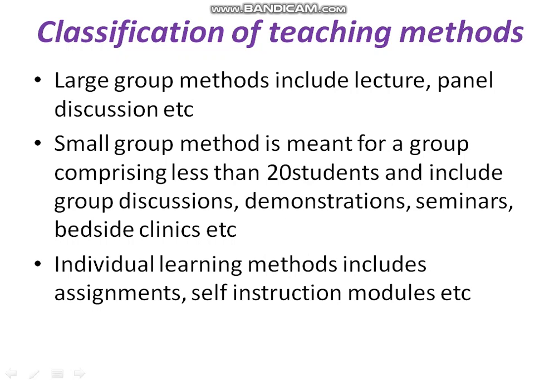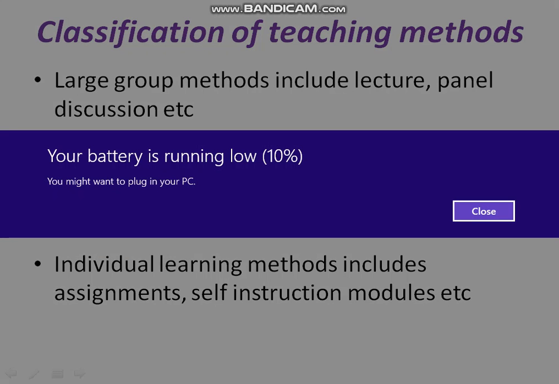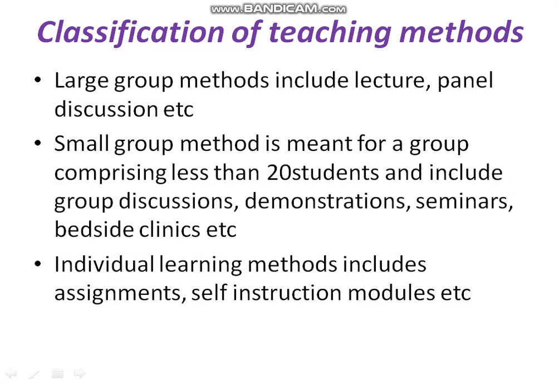The second classification was the small group method. It is meant for a group comprising less than 20 students, and it includes methods like group discussion, demonstration, seminars as well as bedside clinic.